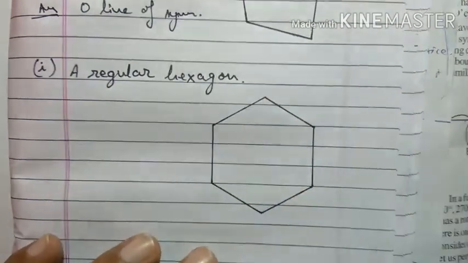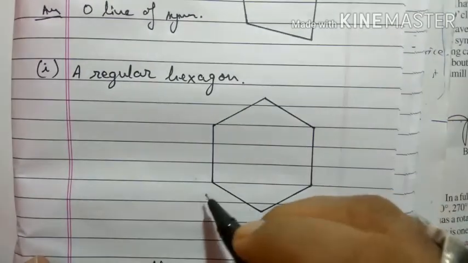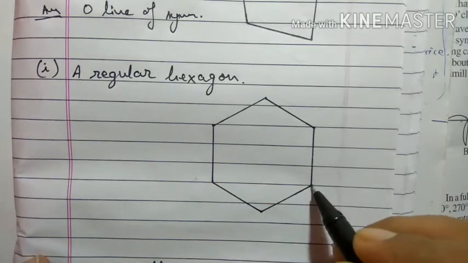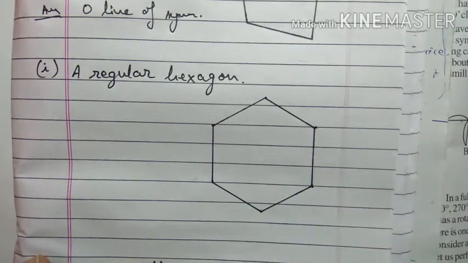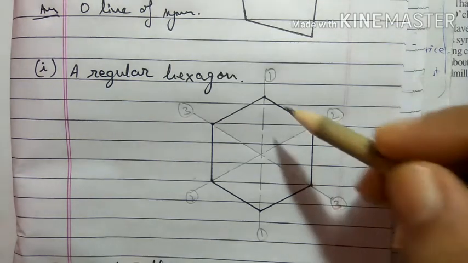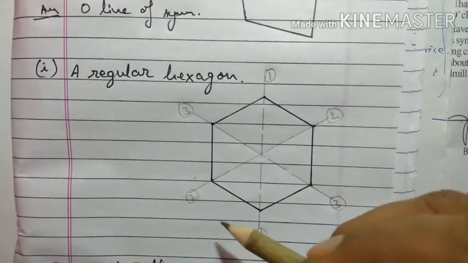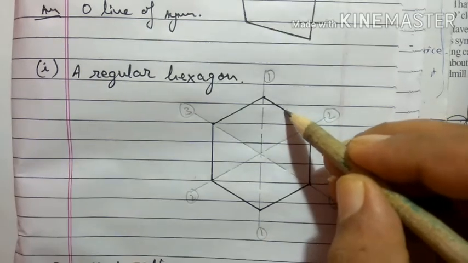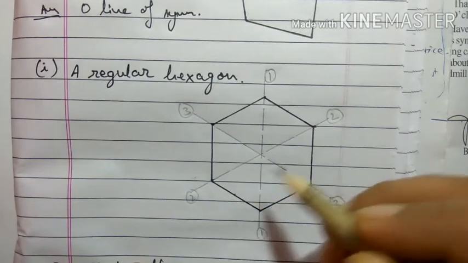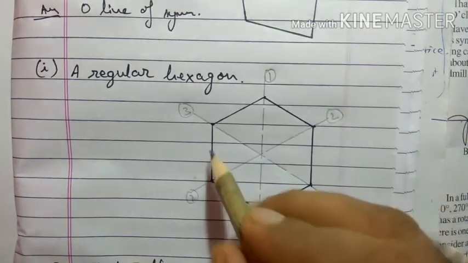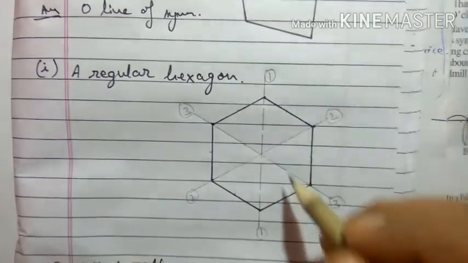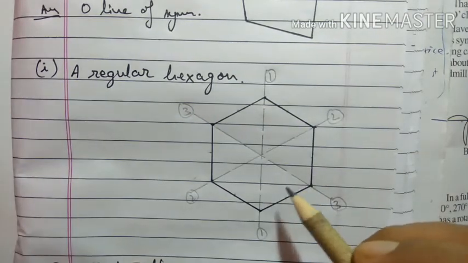So first we have to draw one line like this way, joining these two vertices, another joining these opposite vertices, and third joining these opposite vertices. So half we have done, we get 3 lines of symmetry like this and 3 more lines of symmetry if we join the midpoints of the opposite sides. So let's check.